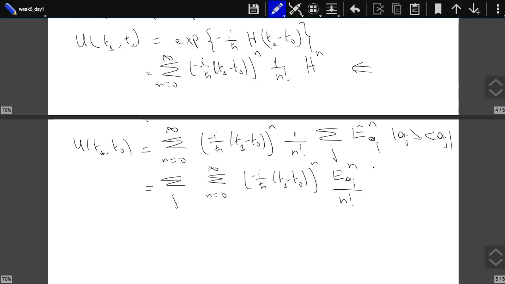Now let's assume we have an arbitrary state, a plus plus b minus. This is at the time t equal to 0. Then I can just straight away write what the ket of my system is at the time t.